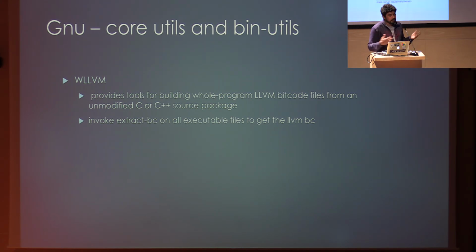It's not a magic sword, it works most of the time, and it kind of puts the LLVM bitcode in the binary that it compiles, which you can later extract with a tool that they give called extract-bc. So, once you do that, you will have the bitcode of the files that you have compiled with LLVM, and then you follow the same steps that you have done before.